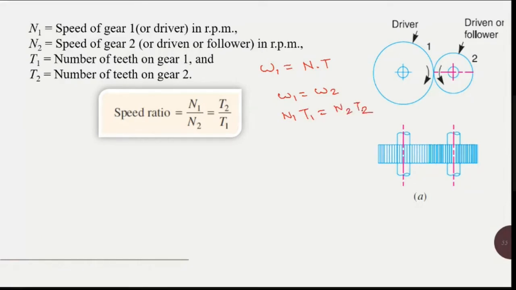I can write N1 by N2 is equal to T2 by T1. We call this the speed ratio. Speed ratio is always driver divided by driven.